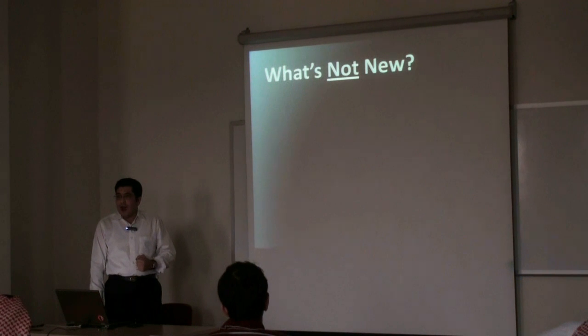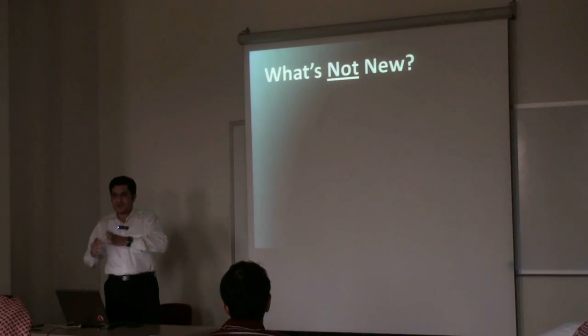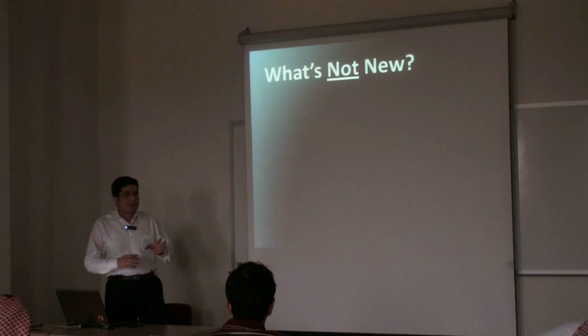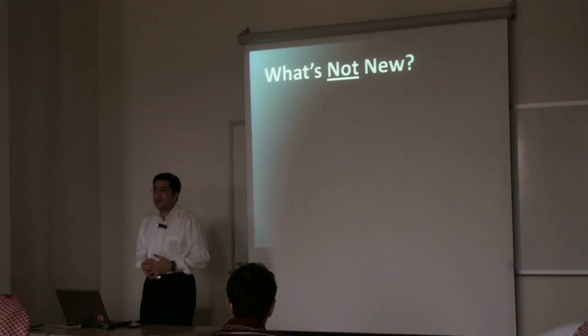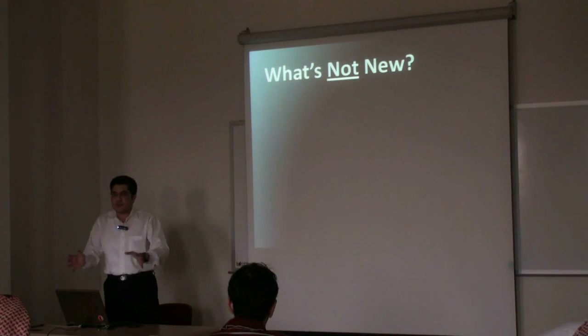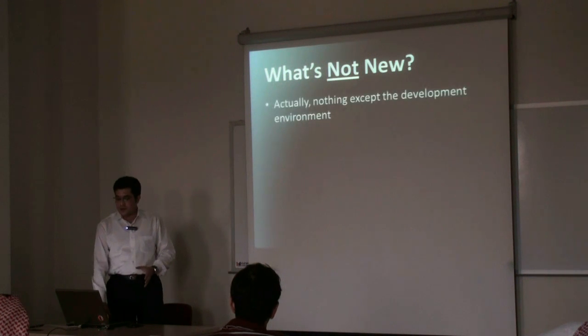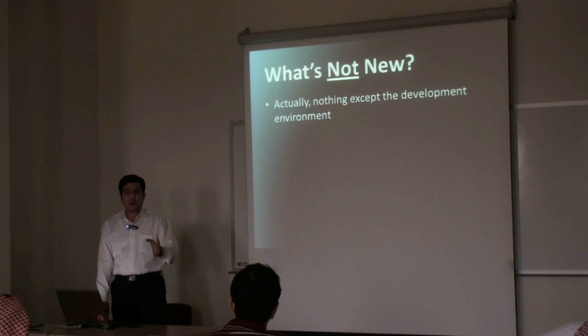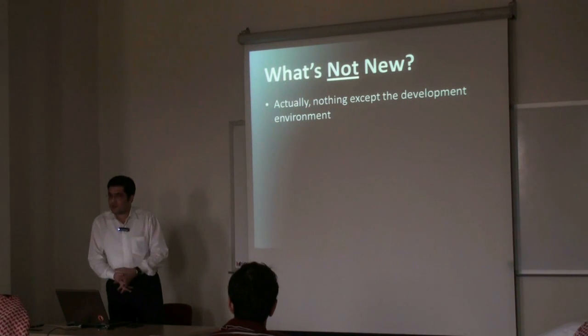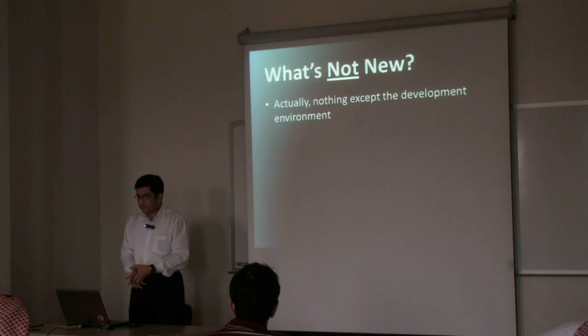So, I will not go down the path of what's new. Let's say what is not new in Windows Phone 7. Everything is new, except for the development environment. It is the same, Visual Studio. We will always be using Visual Studio to build applications.